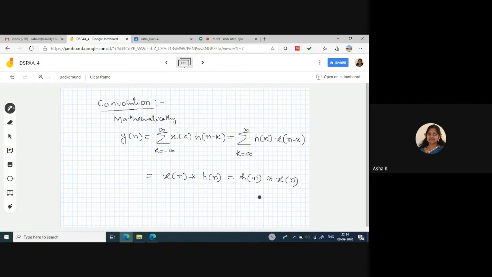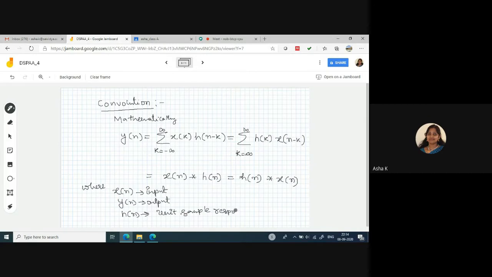In the mathematical equation that we have written here, x of n is called the input of the system, y of n is called the output of the system, and h of n is the unit sample or unit impulse response of the system.